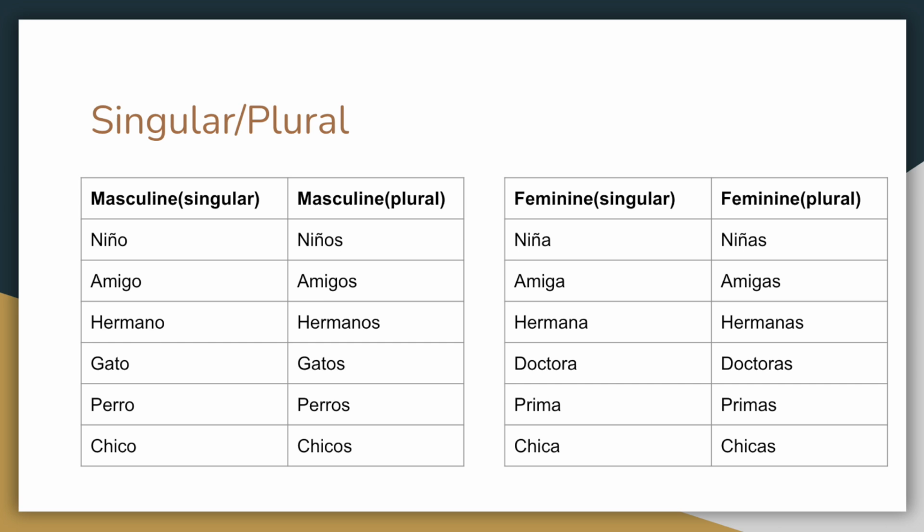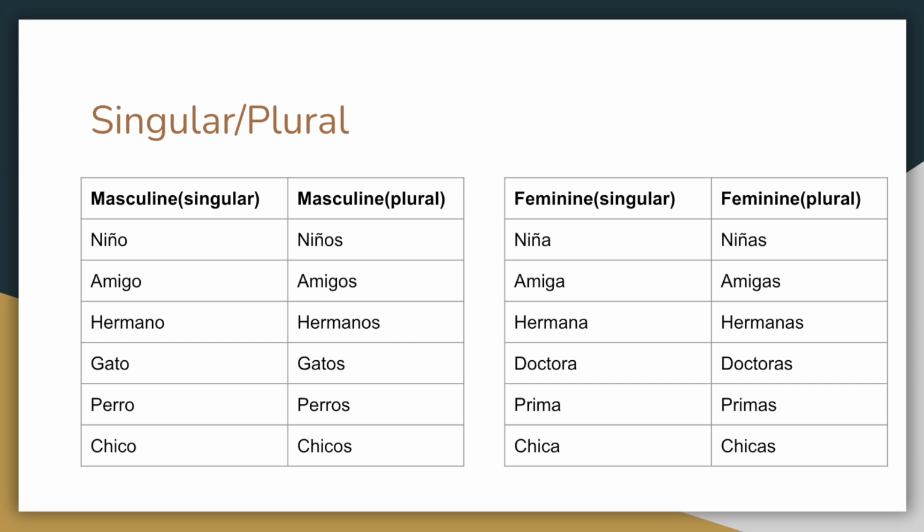It's the same thing for feminine. Feminine singular words end in an A. Niña ends in an A, amiga, hermana, prima, chica, doctora, they all end in an A. But feminine plural ends in an AS.